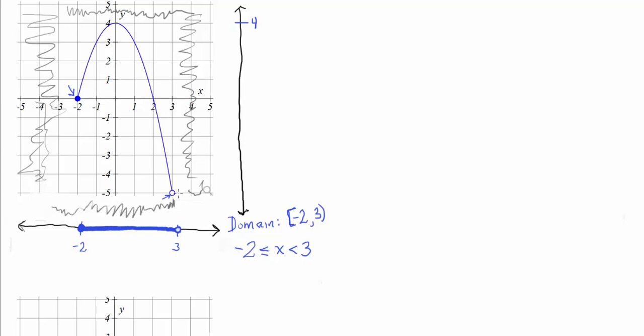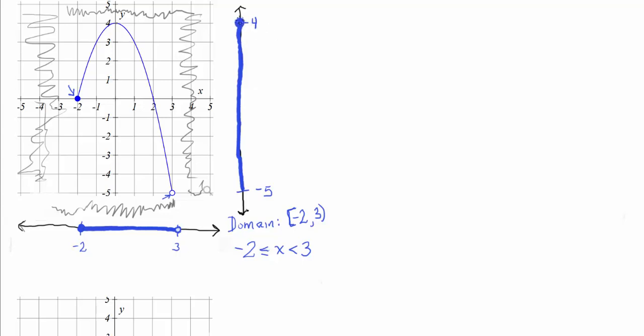So we don't have any graph below -5. So all of our function values are between -5 and 4 in the y direction. So that's going to give us our range.